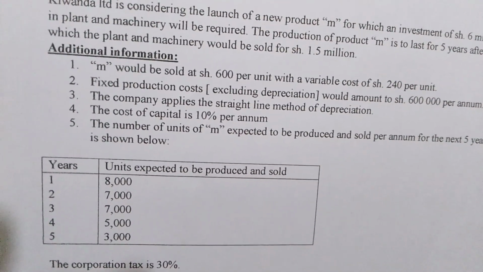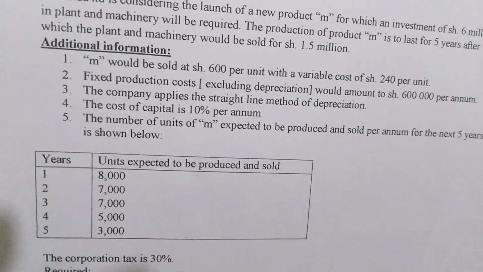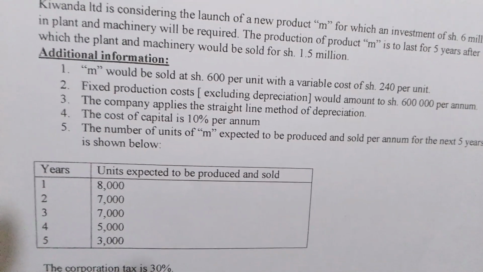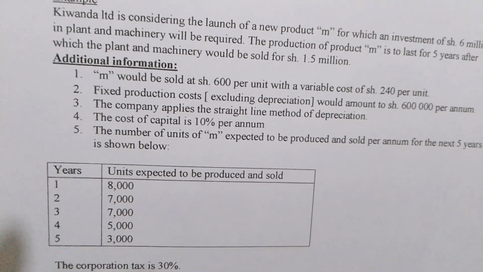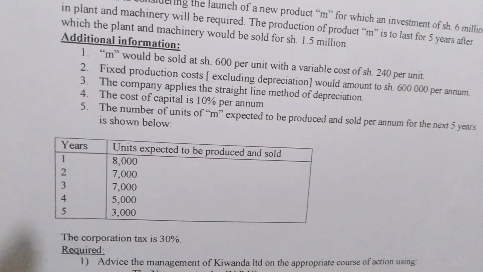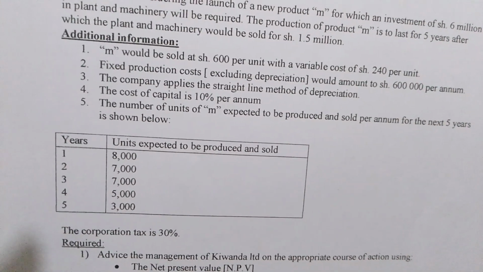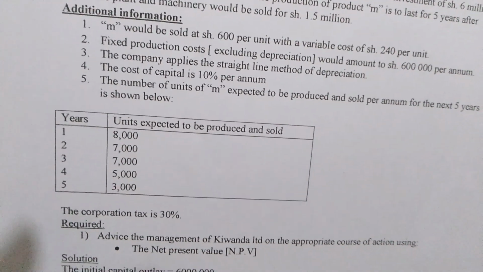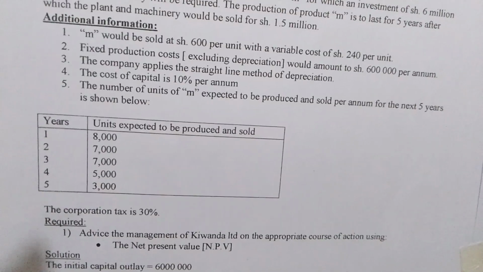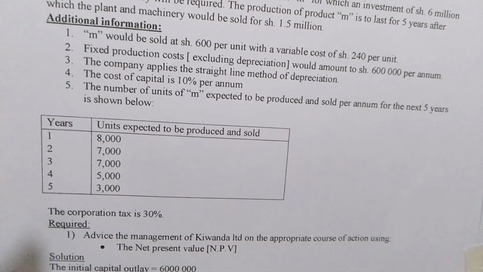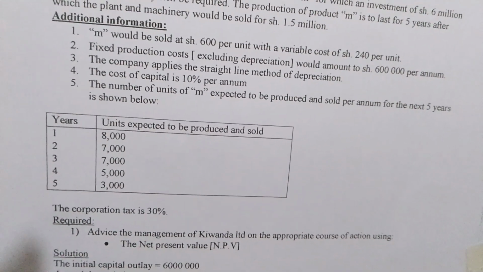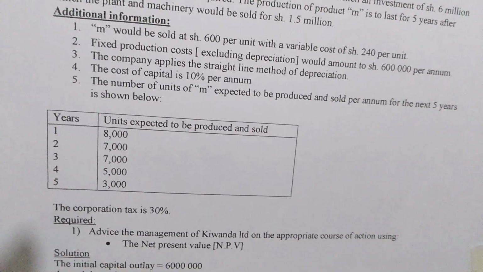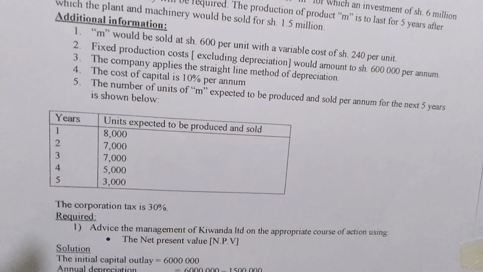Year 3, 7,000 units. Year 4, 5,000 units. And year 5, 3,000 units. The corporation tax rate is 30%. Required: advise the management of Kiwanda Limited on the appropriate course of action using the net present value.